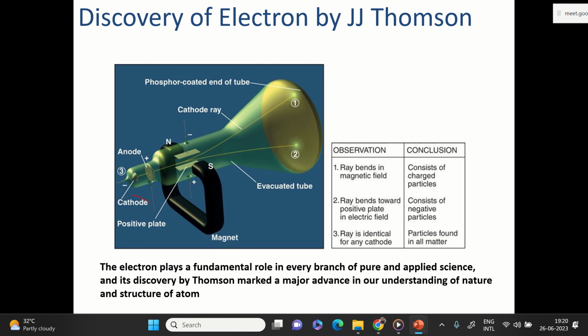Then what happens? Normally in a cathode ray tube, there is a beam which travels from the cathode, from the negative terminal, to the positive terminal.